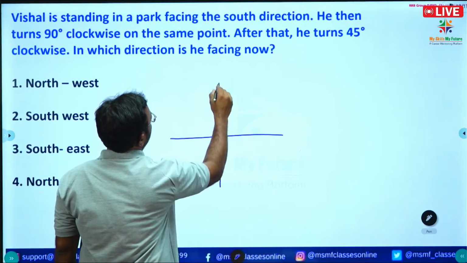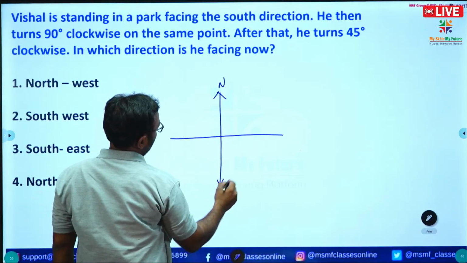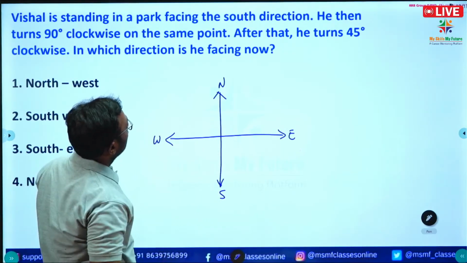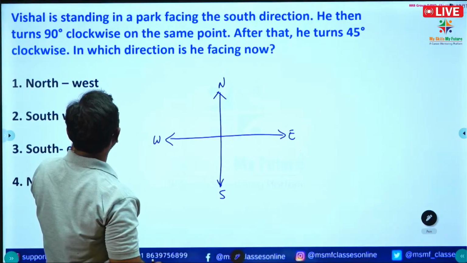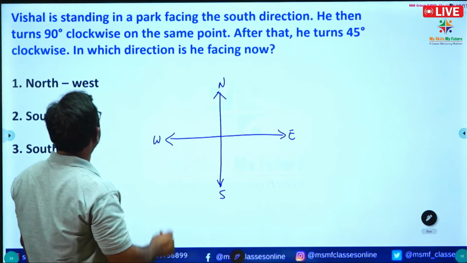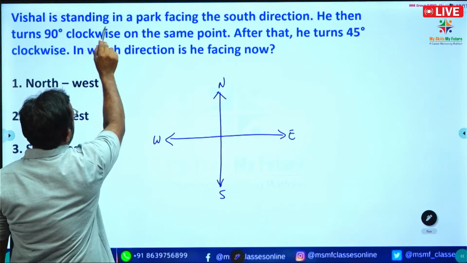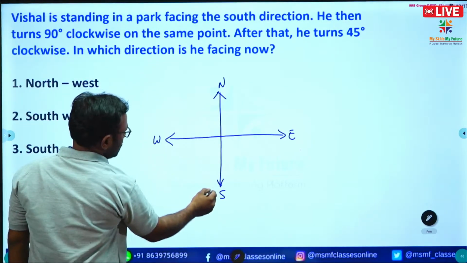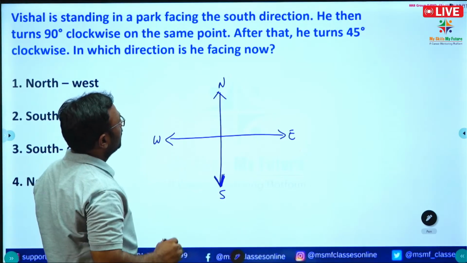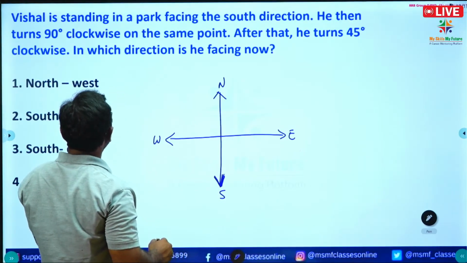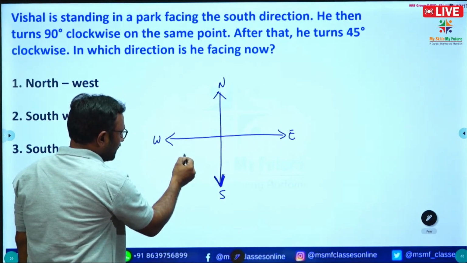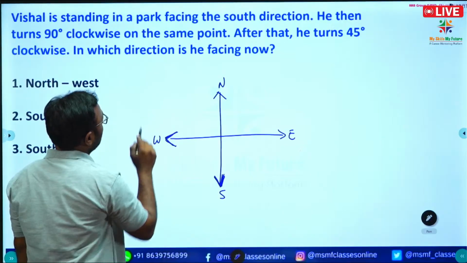He then turns 90 degrees clockwise. So the clockwise 90 degrees means he came to the west here.